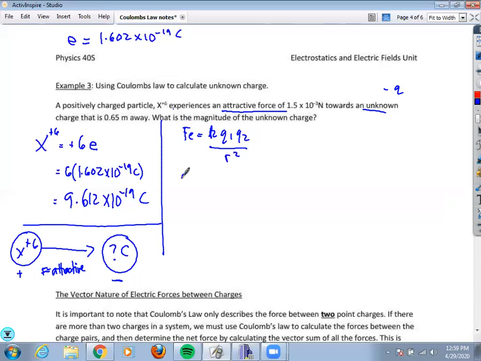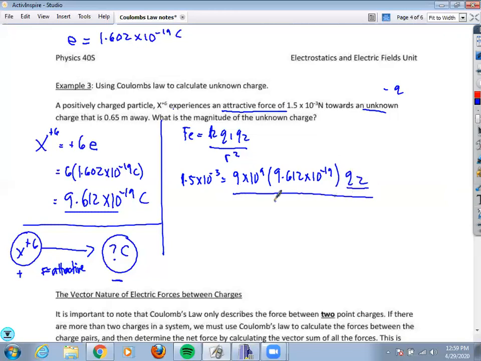So 1.5 times 10 to the minus 3 equals K, 9 times 10 to the 9, times Q1, which we calculated here, 9.612 times 10 to the negative 19, times Q2, our unknown, divided by r squared, 0.65 meters squared. I'm not using units, so I won't write them here either. You should always write units, but I don't have a lot of space.